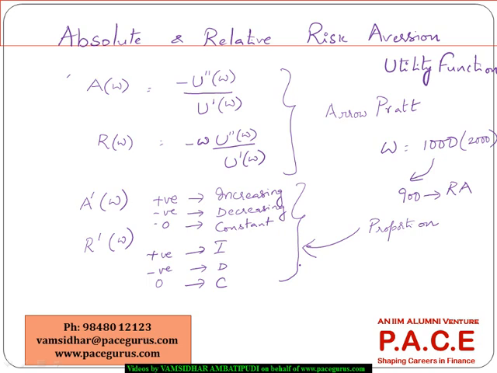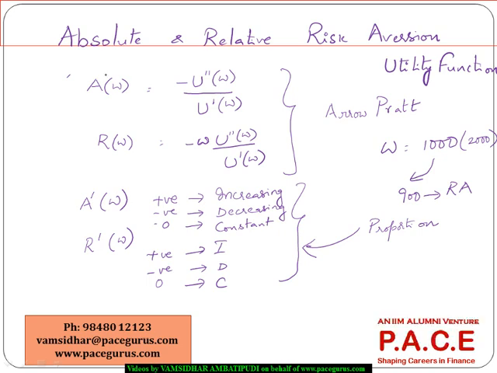So what we could really try to link is the current wealth level, and based on that, as his wealth increases, whether he would be exhibiting an increasing or a decreasing absolute or relative risk aversion is something we can understand from this process.